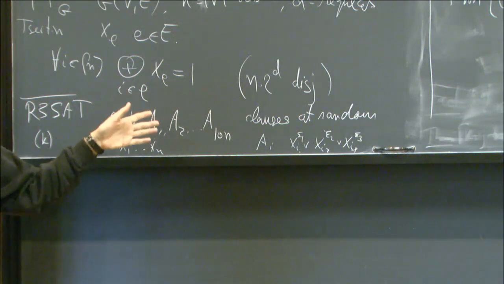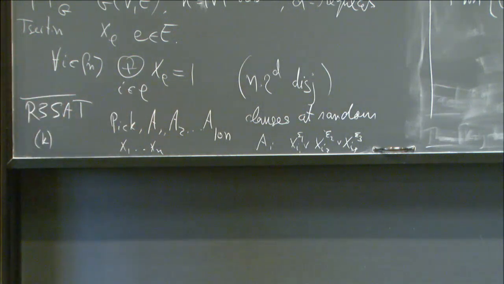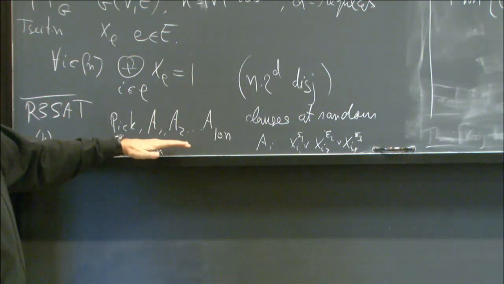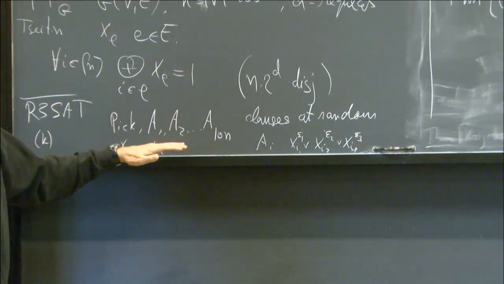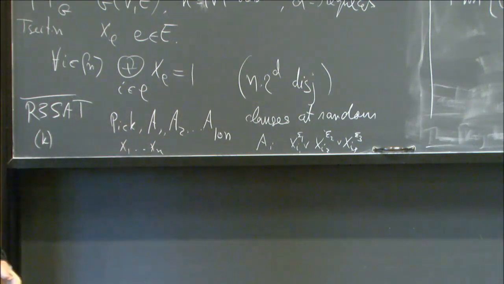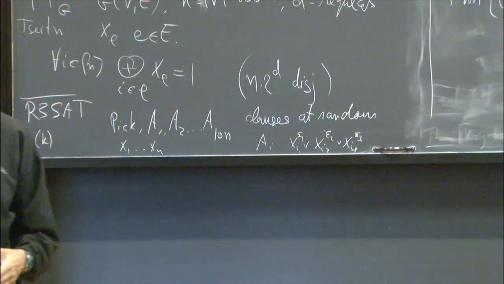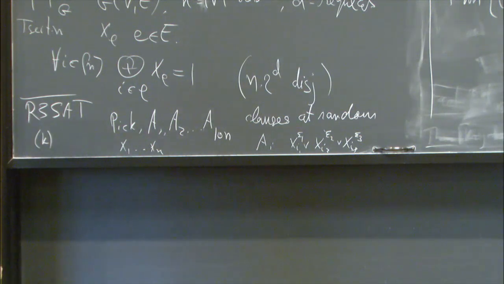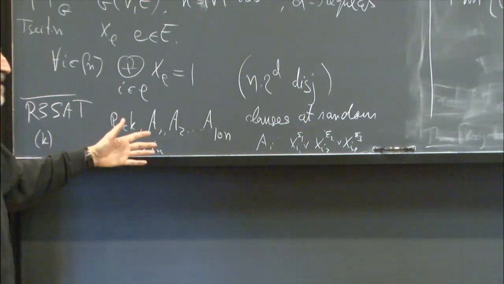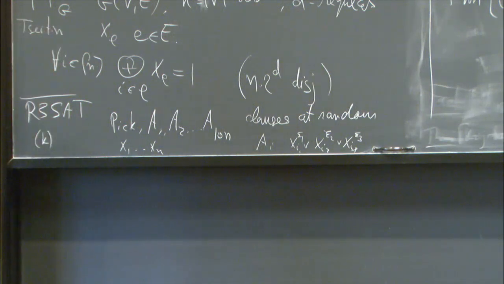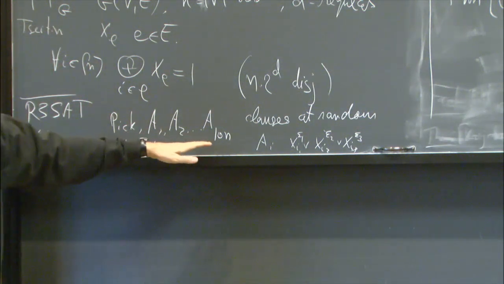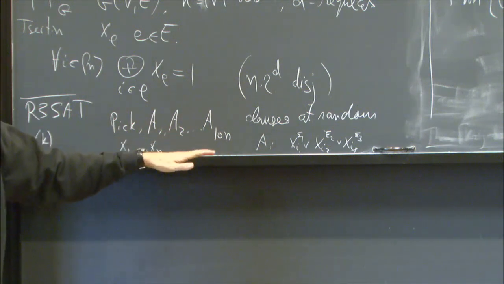We know that the threshold for satisfiability is around 5.3. In other words, with extremely high probability, this is a contradiction. It's interesting to prove lower bounds on contradictions which are contradictions. I mean, if this is satisfiable, lower bounds are really easy to prove because there are no proofs at all. Anyway, so with high probability, this is a contradiction.